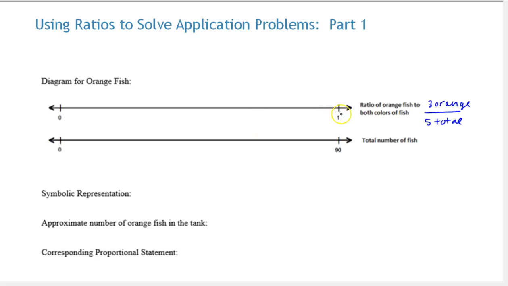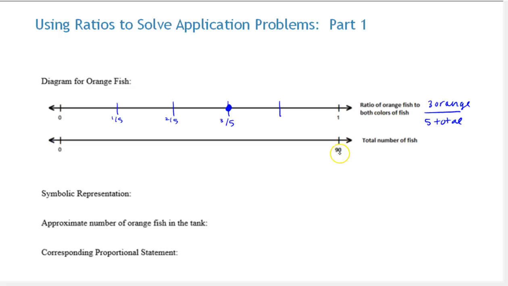So we're going to find 3/5 by cutting this into 5 pieces. I'm going to do a better job. 1, 2, 3, 4. Oh, that's beautiful. That's a lot better than last time. So I cut this into 5 equal pieces, and the ratio of orange fish is 3/5. So 1/5, 2/5, 3/5. So here's the ratio of orange fish to total fish, or both color fish.